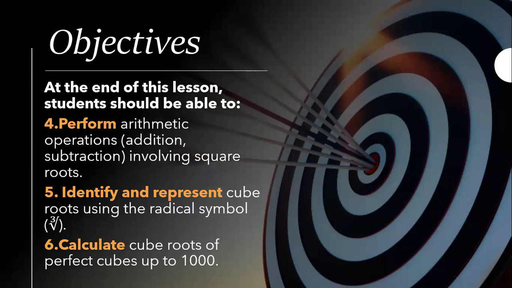Number 4, perform arithmetic operations, addition and subtraction, involving square roots. Number 5, identify and represent cube roots using the radical symbol. Number 6, calculate cube roots of perfect cubes up to 1000. Very good. So those are the objectives for today.